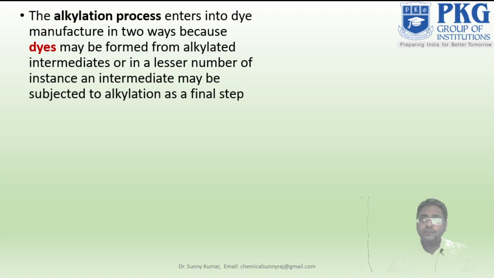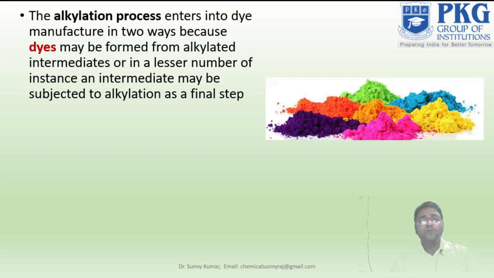The alkylation process enters into dye manufacturing in two different ways, because dyes may be formed from an alkylated intermediate, or in a lesser number of instances, an intermediate may be subjected to alkylation as a final step.